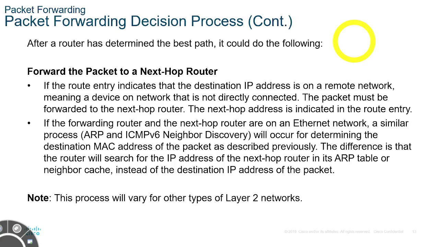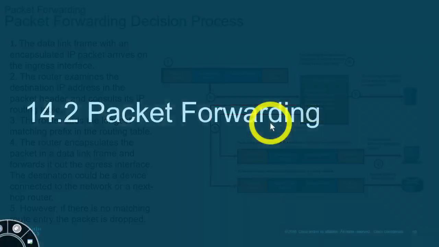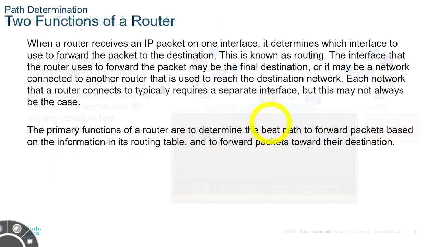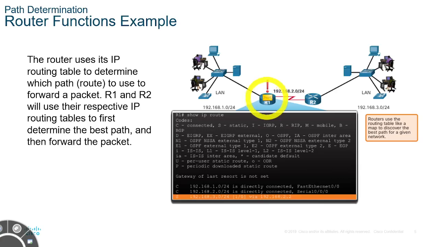If a route entry indicates that the destination IP address is on a remote network, it means that for sure there is another router between this router and this remote network, as in our example here. So imagine that this is the router and it wants to forward a message to here.